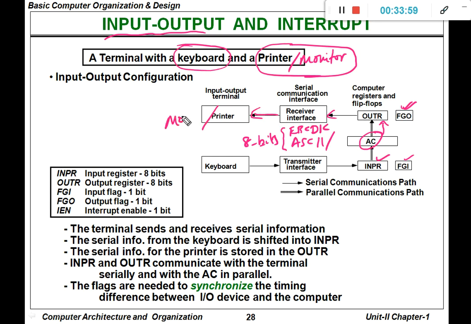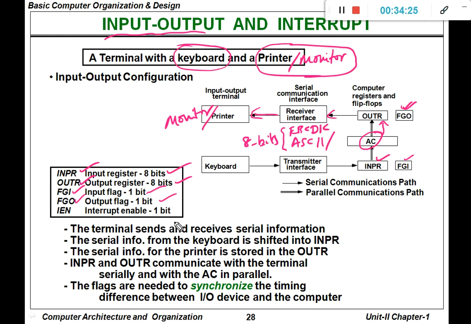The output device may be a printer or a monitor. Okay. So here you can see INPR means input register, which contains 8 bits, OUT-R means output register, which contains 8 bits, FGI means input flag, 1 bit, FGO means output flag, 1 bit. IEN means interrupt enable.